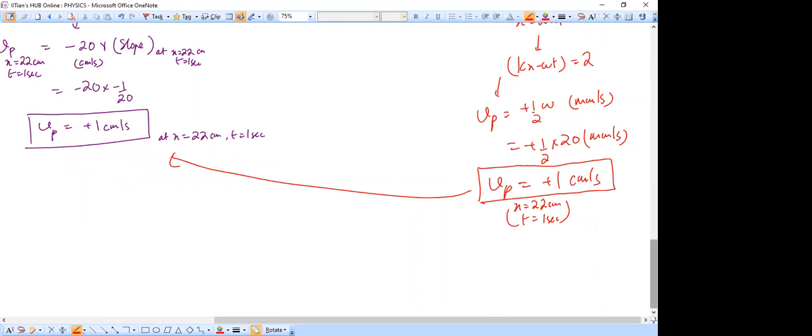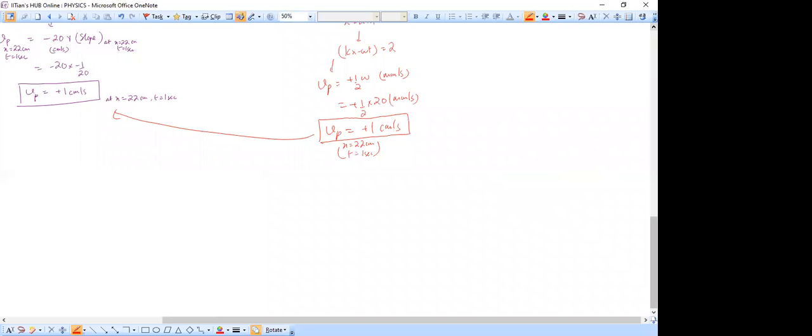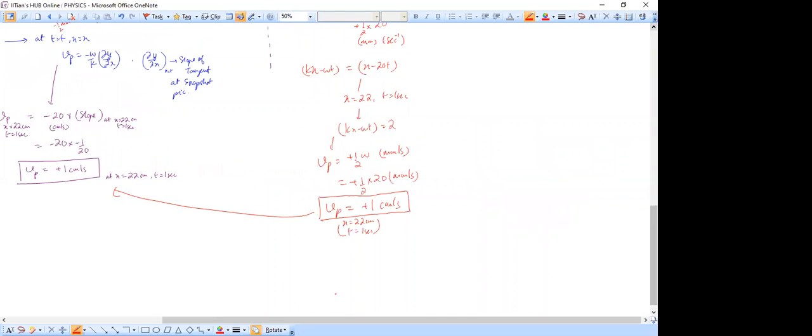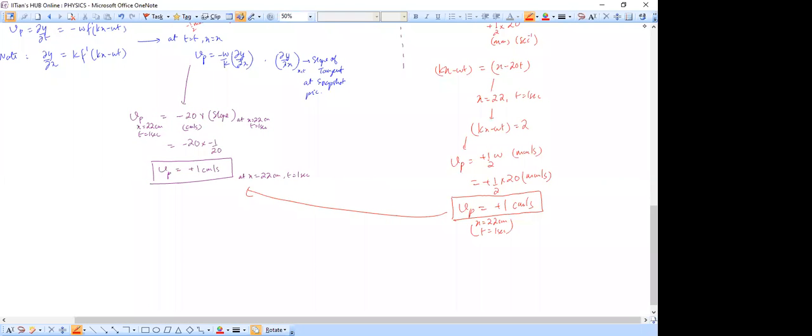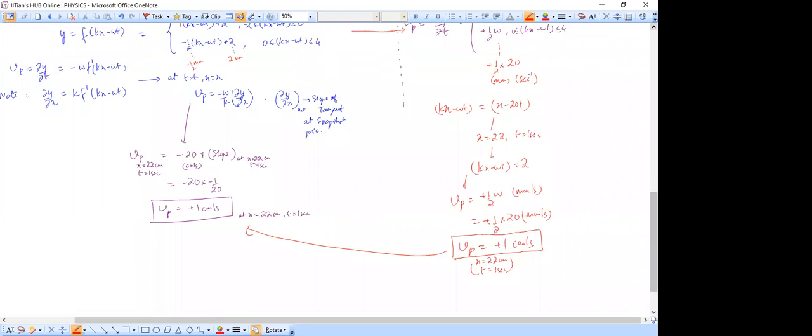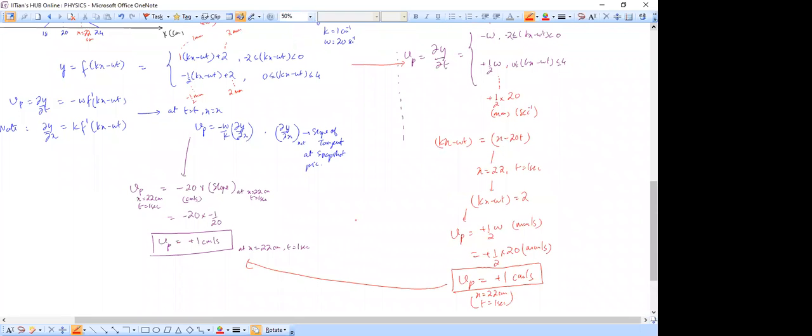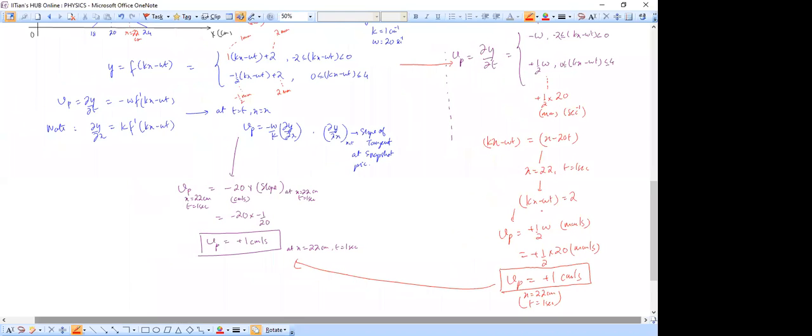So if you're doing the particle velocity, it's easier to work it out by just using the relationship between slope of the tangent at that point and this. Okay, let me move on to the next question.